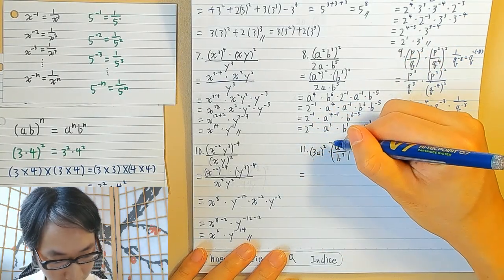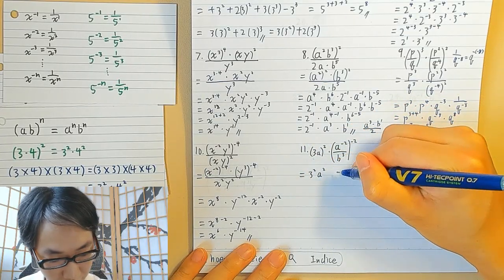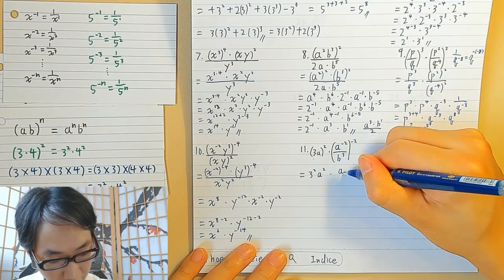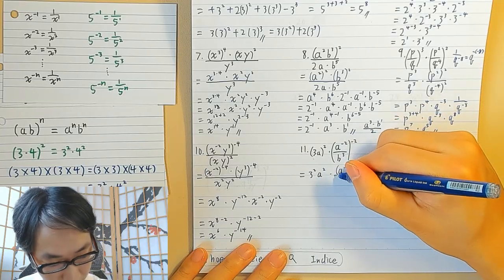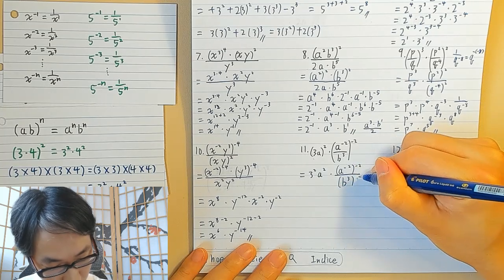This one, distribute the 3 squared a squared times the distribution to the fraction, so a to the power of negative 2 over b to the power of 3, all to the power of negative 2.